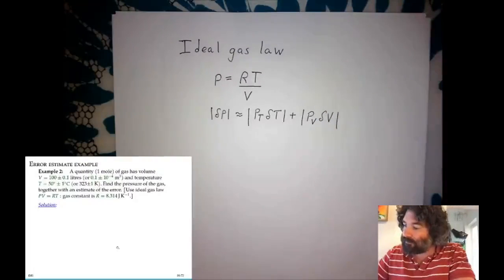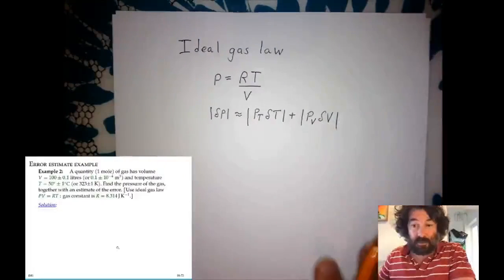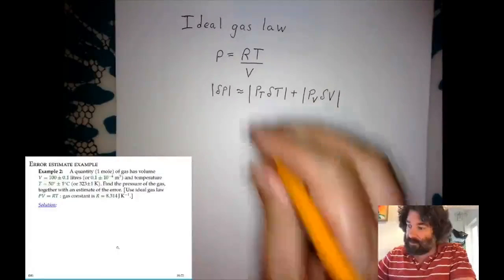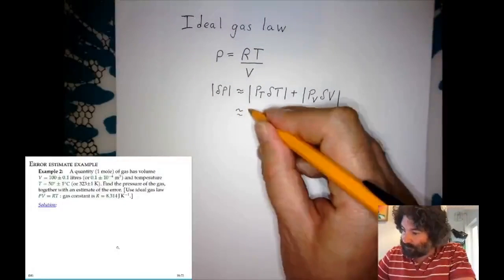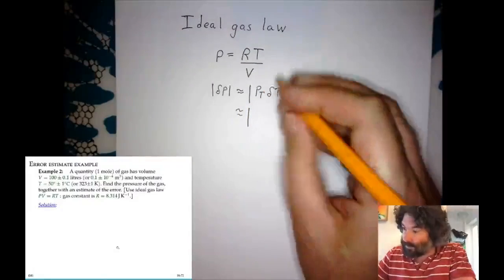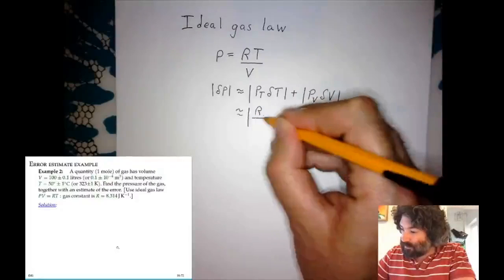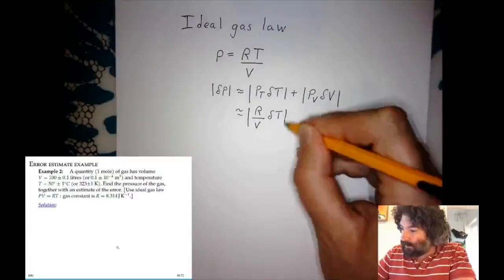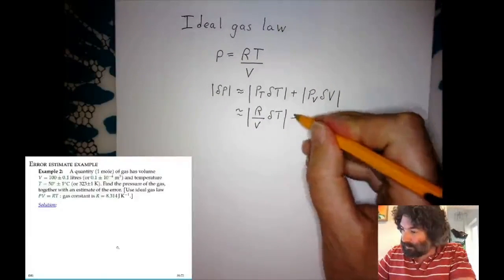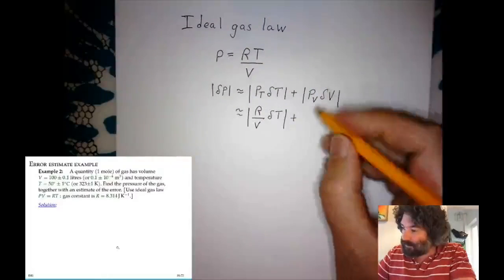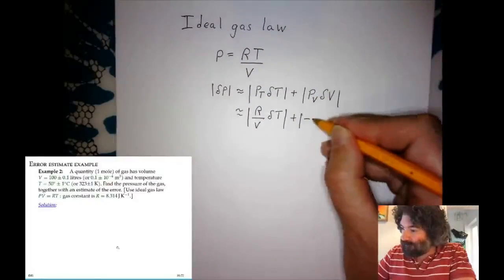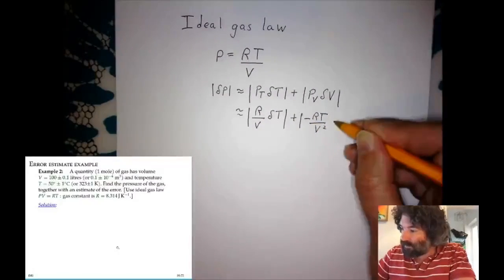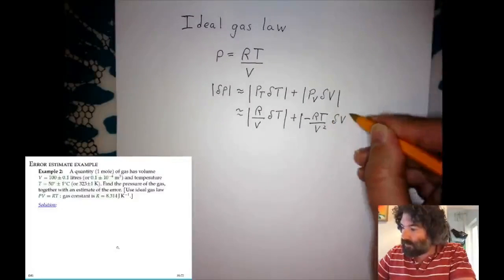of the volume. And so then we can take these two partial derivatives, the derivative of p with respect to T and the derivative of p with respect to V. The derivative of p with respect to T is the constant R divided by V, times the error in T, plus the derivative of p with respect to V, which is negative R T over V squared, times the error in the volume.